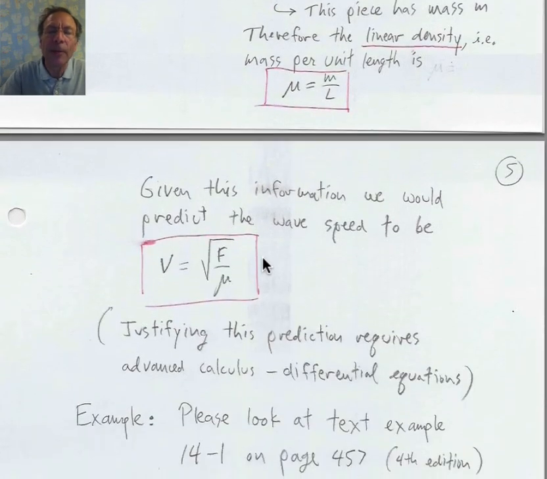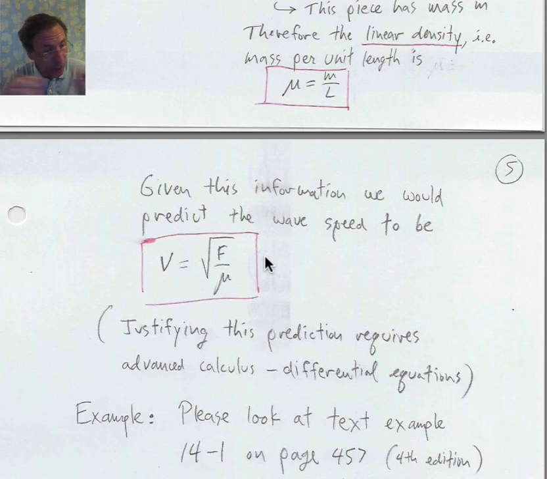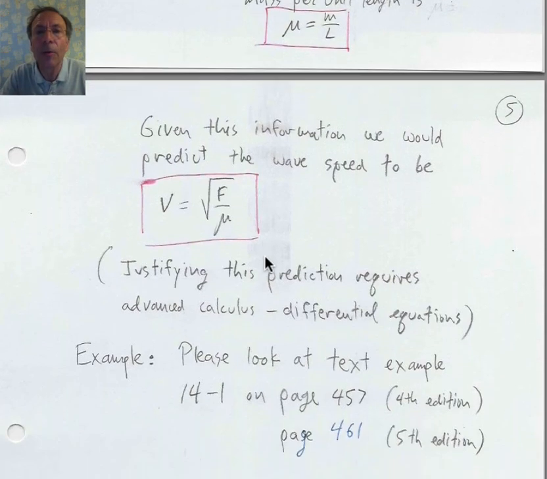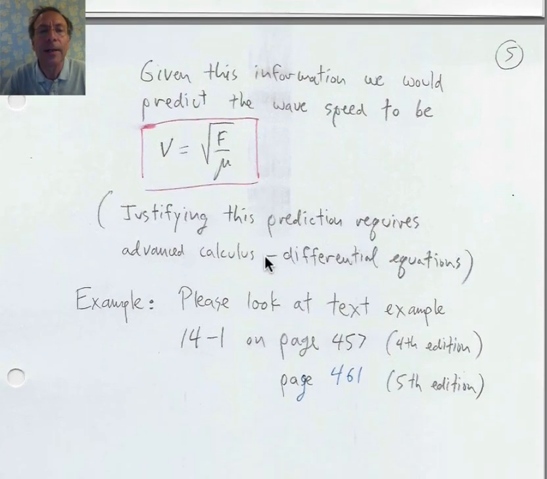So, if we know the tension in the string or spring, and we know the linear density, then we can figure out the speed of a wave in that. And it's given by this formula. The wave speed will be the square root of the tension. I could have used the letter T for tension, but the problem is T is getting used for the period for time.